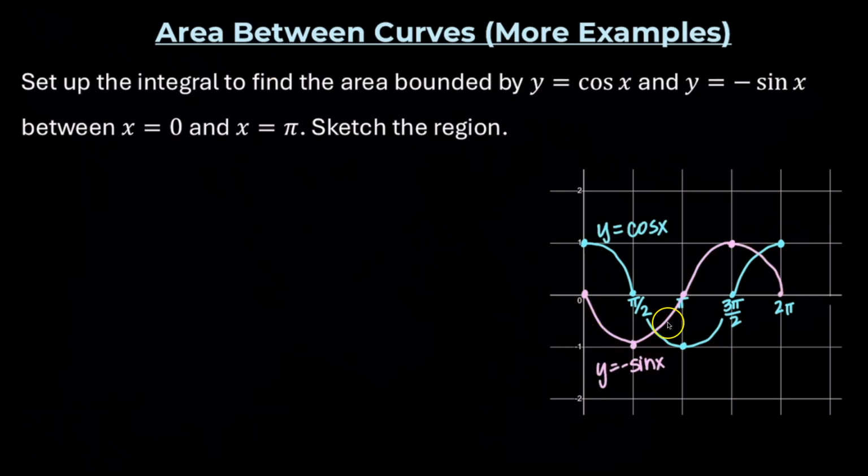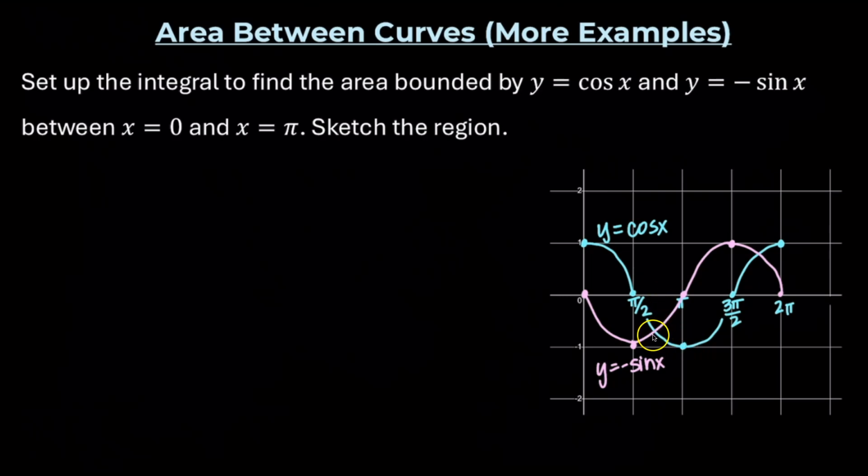So here is our negative sine x function, and we're looking for the area bounded between these two curves, but only between x equals 0 and x equals pi. So the region we're talking about starts out with cosine x on the top and negative sine x on the bottom, but they are going to switch before we hit the end of the interval pi, and then negative sine x is on the top and cosine x is on the bottom.